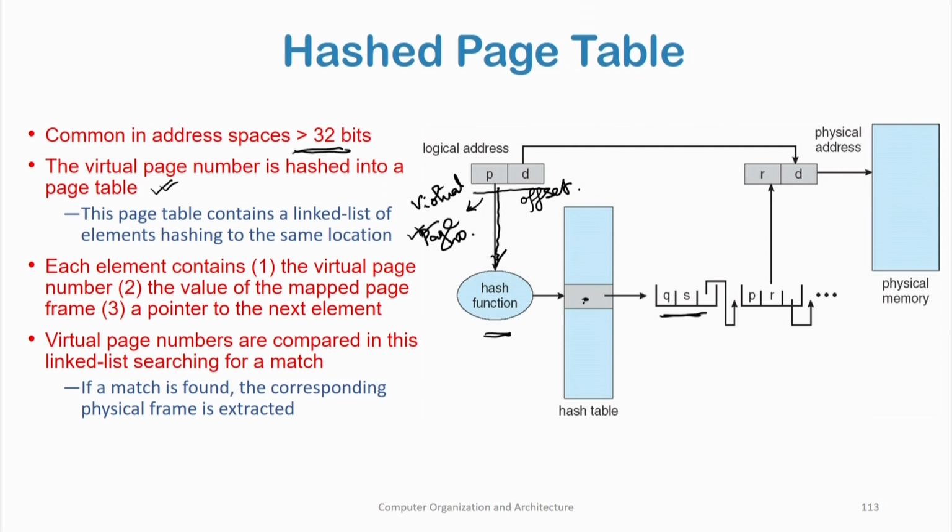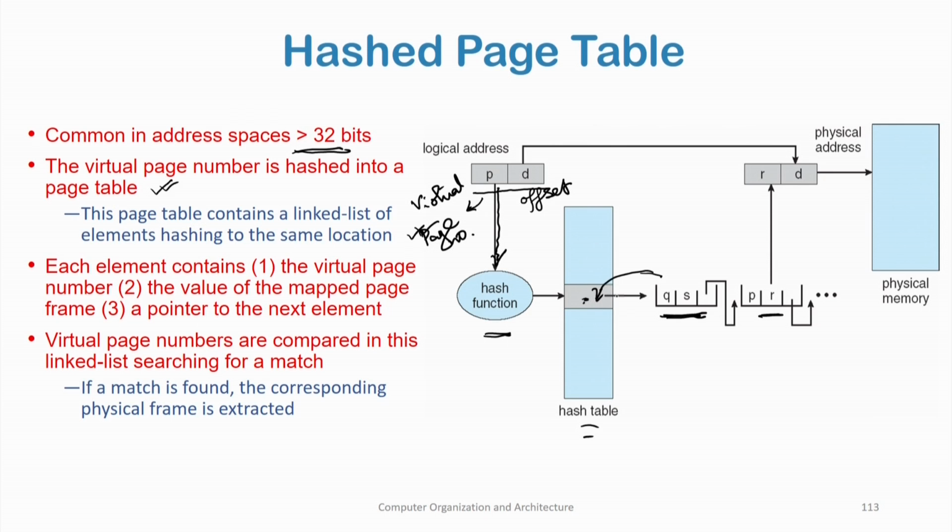So, this is the page table, a hashed page table or hash table, and this page table contains what? A linked list of elements hashing to the same location. All these elements hash to the same location, and therefore are linked together in a chain. It is a chain or a linked list, as is done for hashing. So, from the hash function, I get to a location.